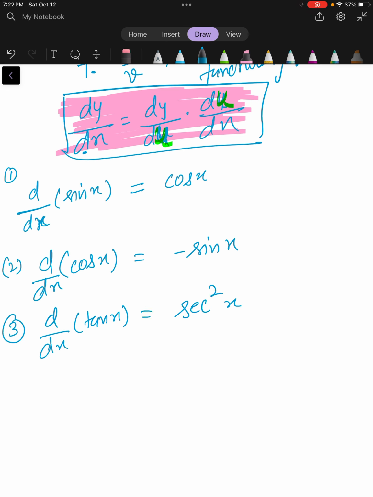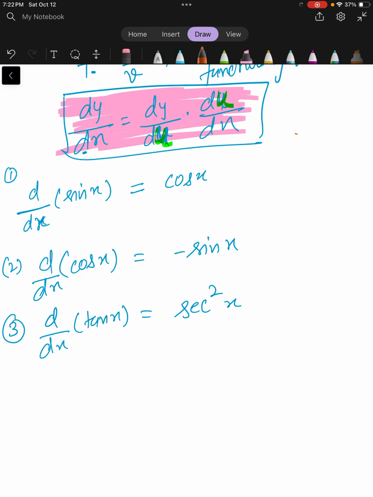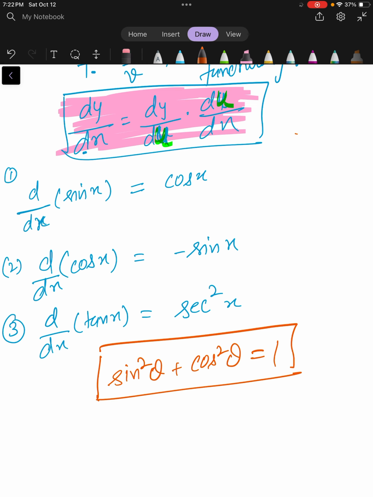So one more point, how these formulas are derived. Let's come to the derivation of this one, otherwise you will forget. We have a formula over here, sine square theta plus cos square theta is equal to 1. So this is the formula that we have.